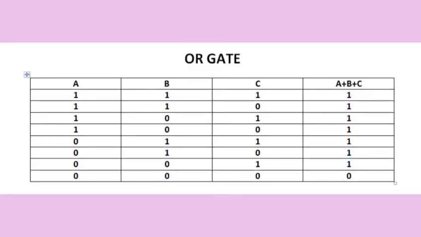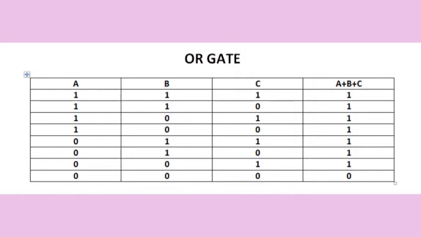Moving forward, you have the OR gate. The OR gate states that the expression will be high if either of the inputs is high. Now, what do I mean?